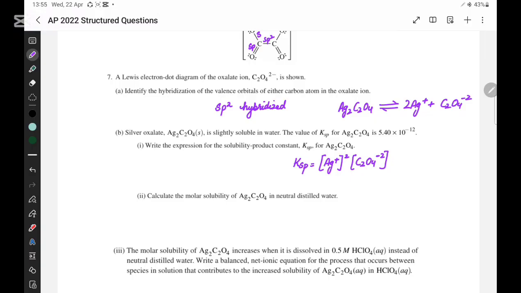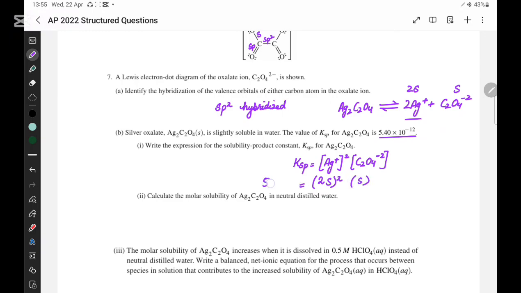They have given us the value of Ksp, which is 5.40 times 10 to the power minus 12, and we can keep the solubility as S. Ag positive forms 2S, and the oxalate forms only S. So it comes out to be 2S squared times S.